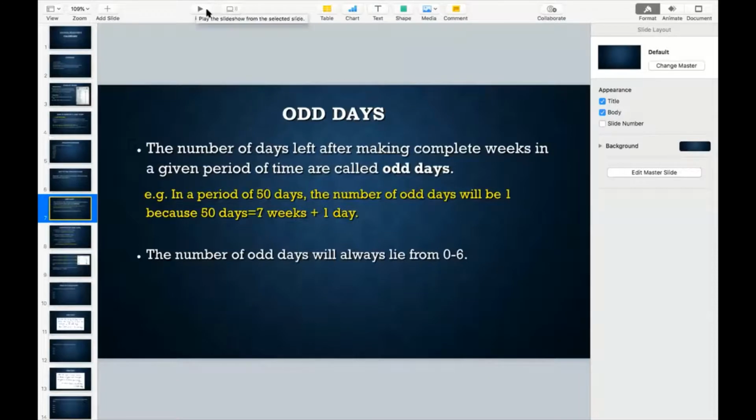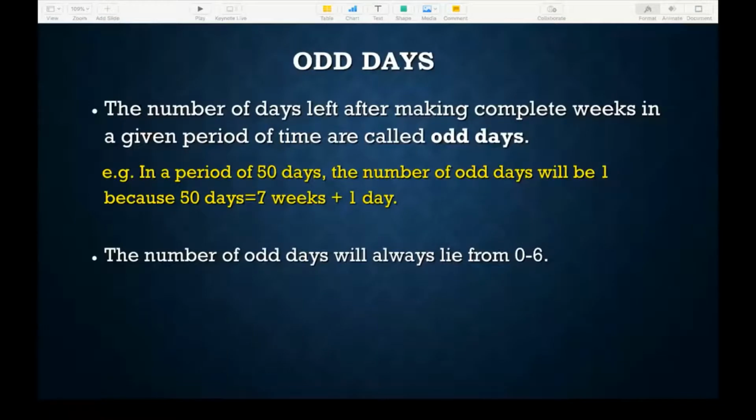In any given period of time, whatever number of days are left after making complete weeks are called odd days. For example, if I give you a period of 50 days, then the number of odd days will be equal to 1 because 50 days can be broken down into 7 complete weeks and 1 extra day.